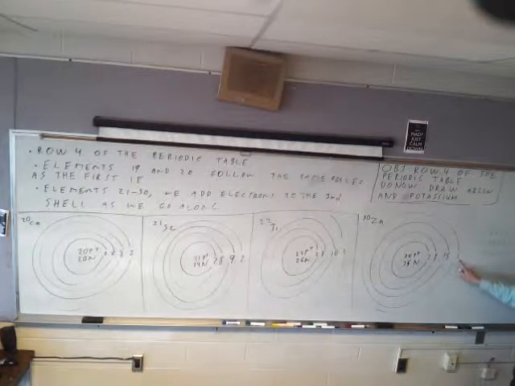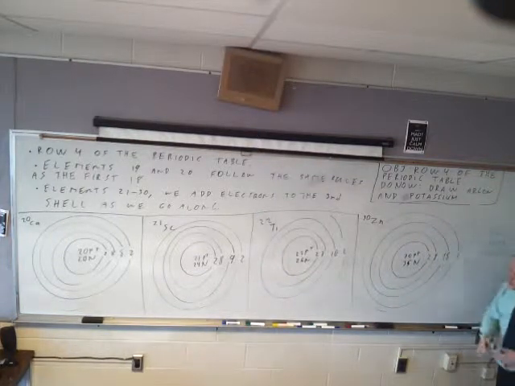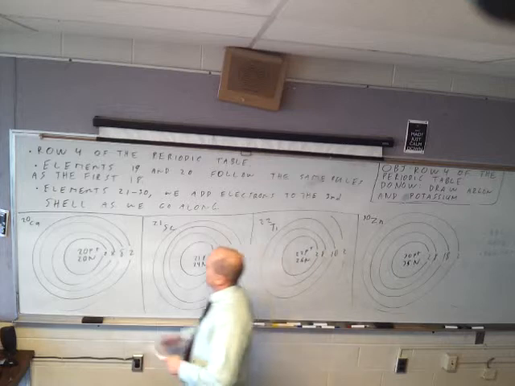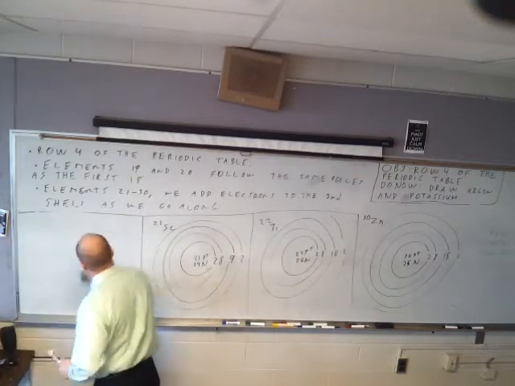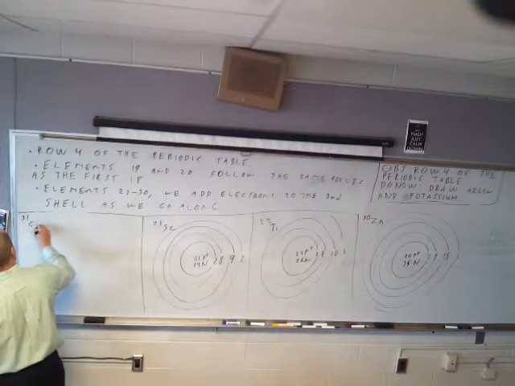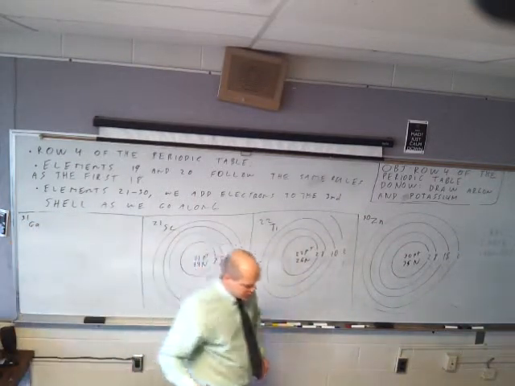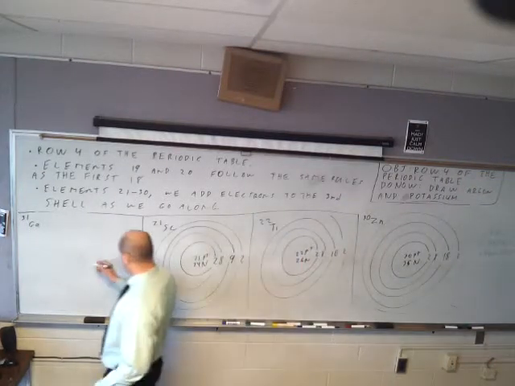So for number 31, gallium, we're going to put electrons in the 4th shell again. So let's do 31. All right, so 31 is gallium. And that's the mass of gallium, 70, so 31 and 39.